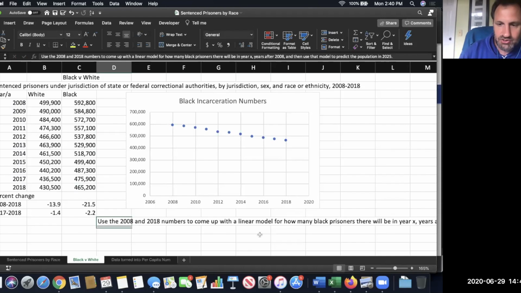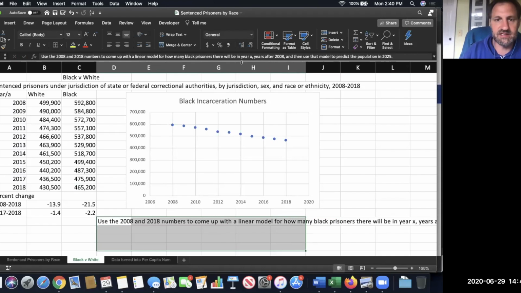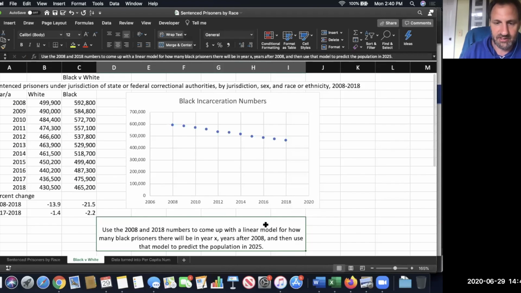Okay, so let's unpack this sentence because it got pretty long and complicated.